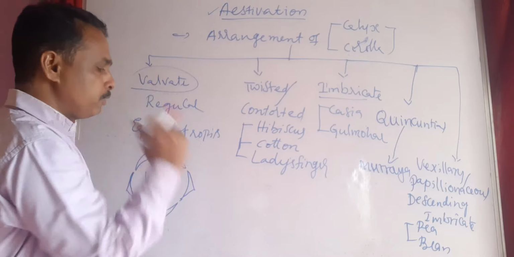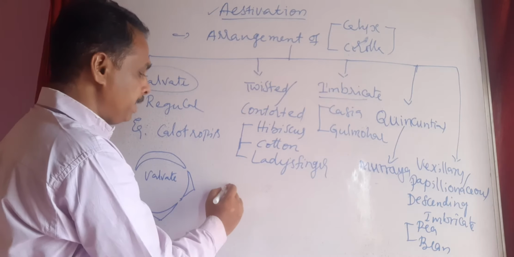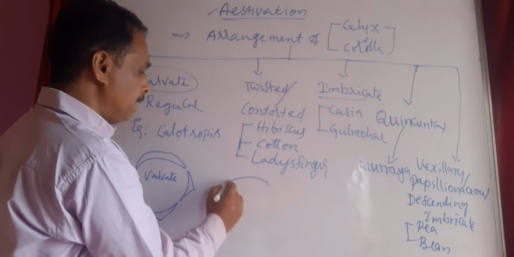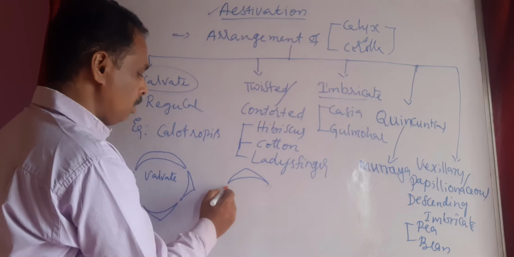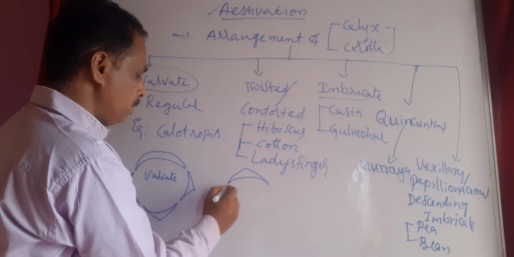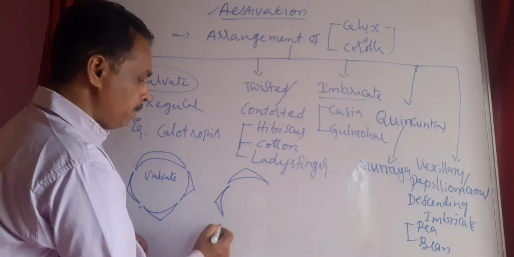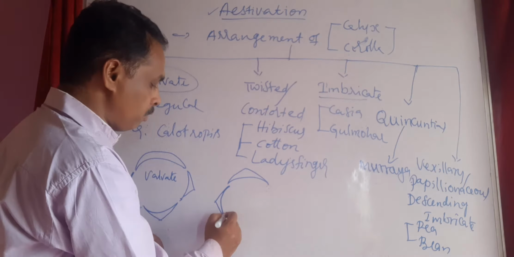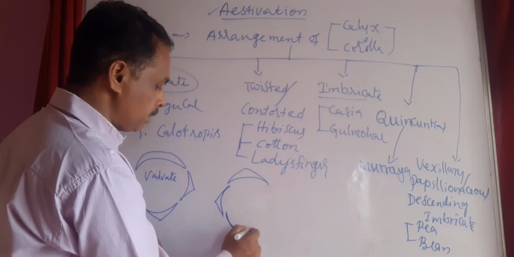The next one is twisted aestivation. Here, the perianth members are regularly overlapped. One lobe of a member is regularly overlapping the adjacent one.